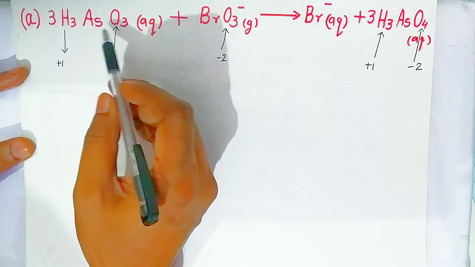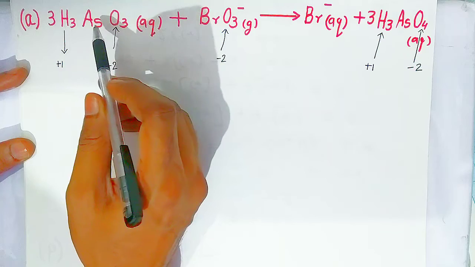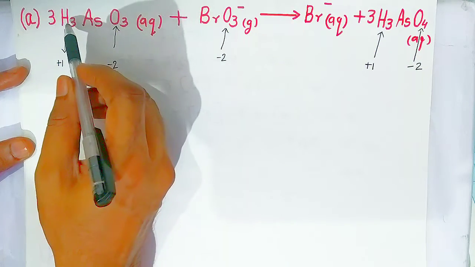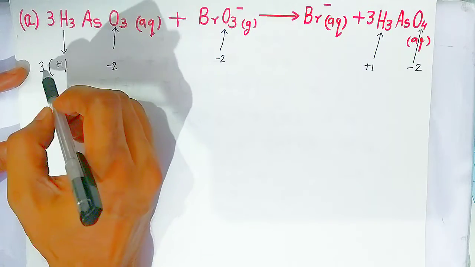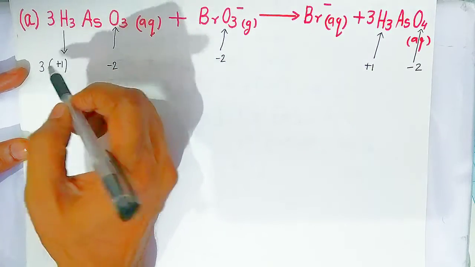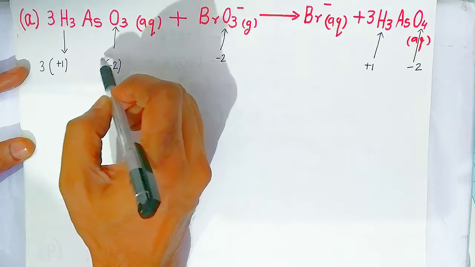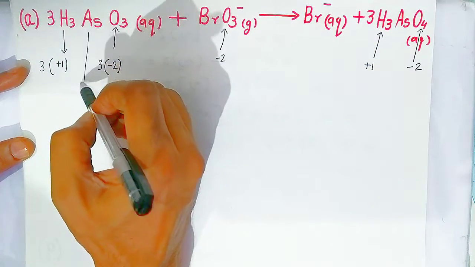Now arsenic, students. With the help of the oxidation states of hydrogen and oxygen, we are going to find the oxidation number of arsenic. The number of hydrogen is three, so you have to multiply by the coefficient 3. Oxygen, you have 3 oxygen, so multiply by 3.